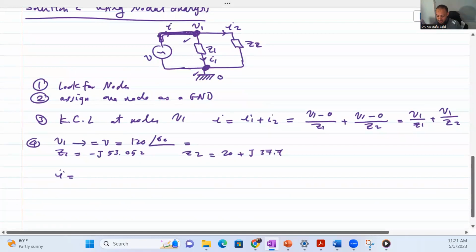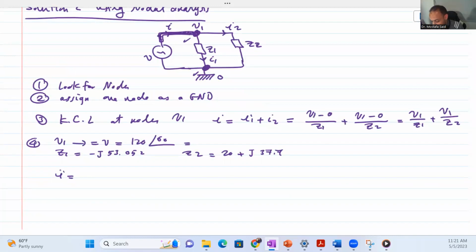Now we find ourselves in a situation in which we have V1 in polar form and Z1 and Z2 in rectangular form, so we have to convert. You can convert Z1 and Z2 from rectangular to polar, or you can convert V from polar to rectangular, which is easier. Both are the same, but in this case, if you convert V, it is just one step.